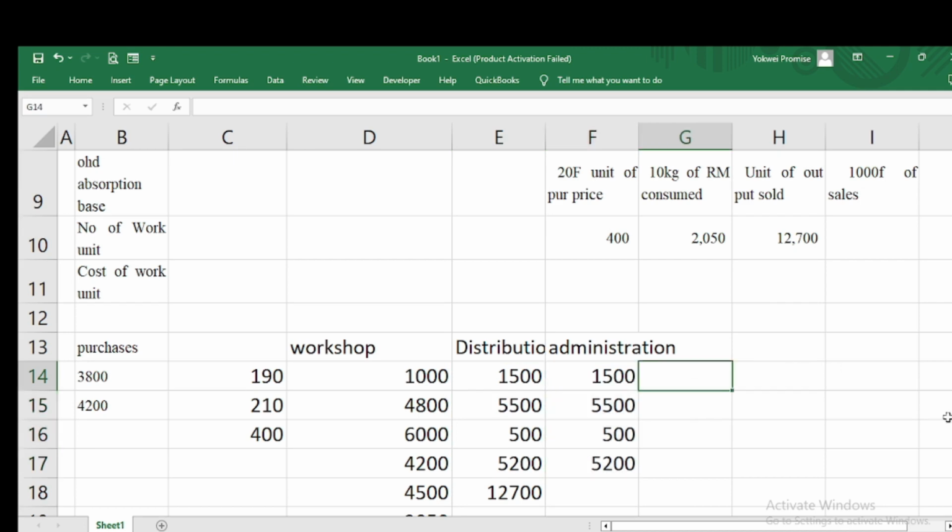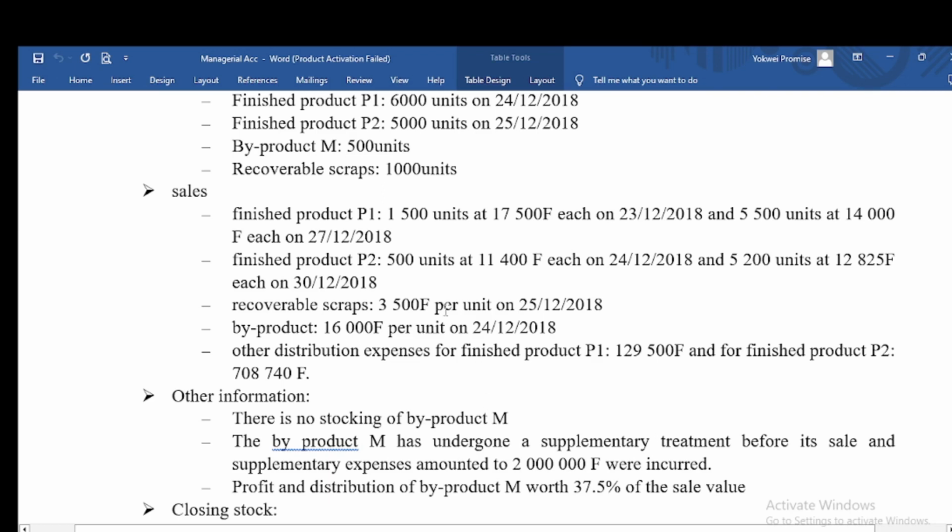Awesome. So now we'll then move back to our question and take the unit sales price. This one file was at 17,500 each. This 5,000 unit at 14,000. 500 unit at 11,400. 5,200 unit at 12,825 each, and so on and so forth.